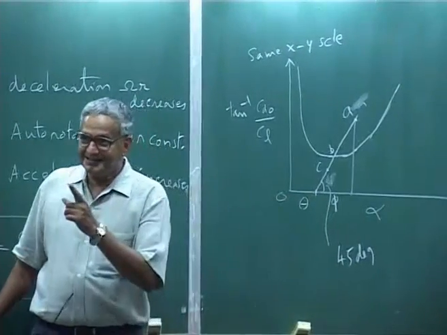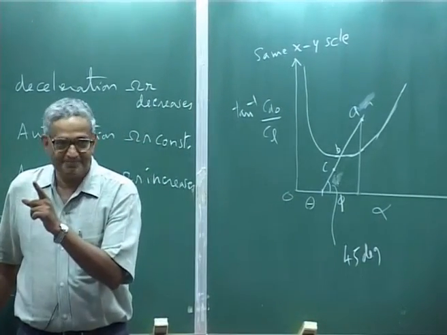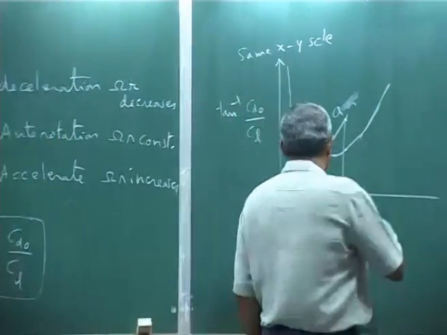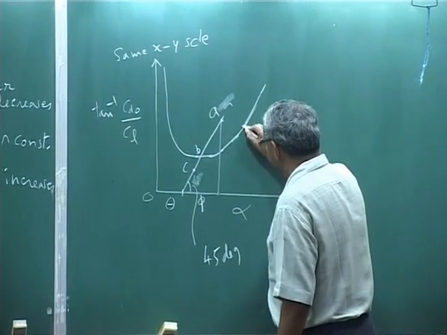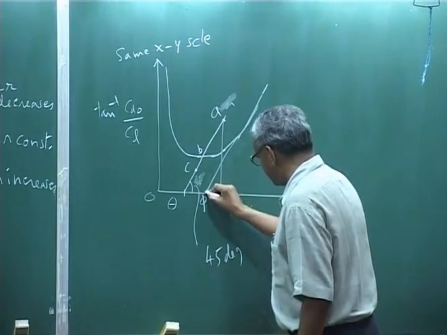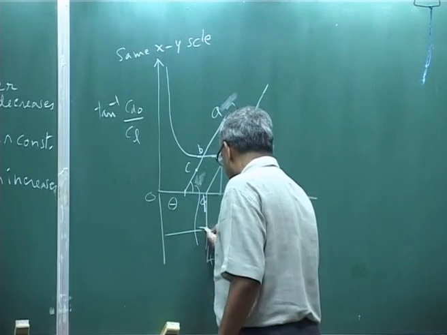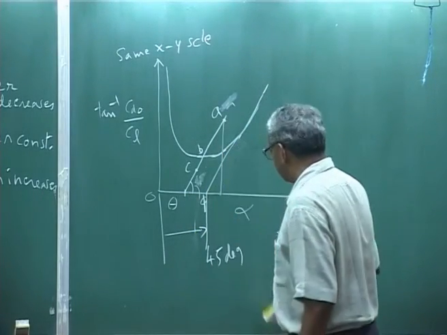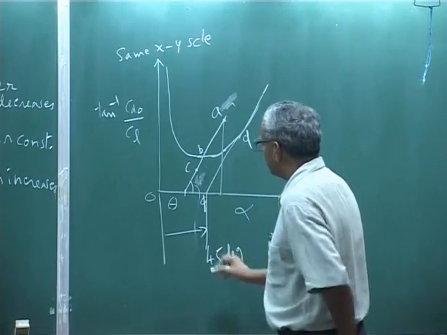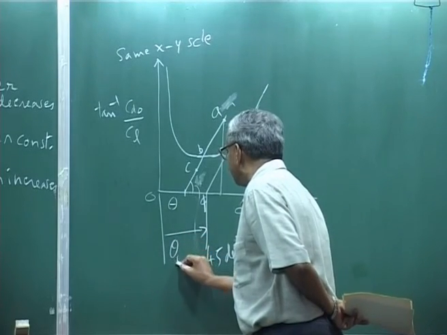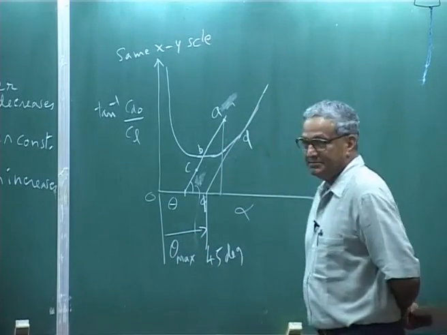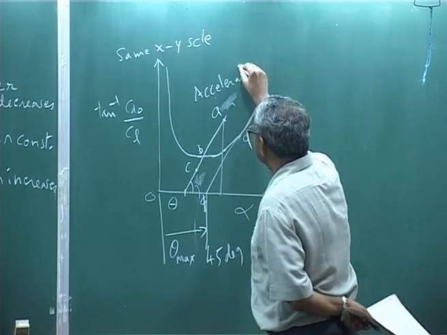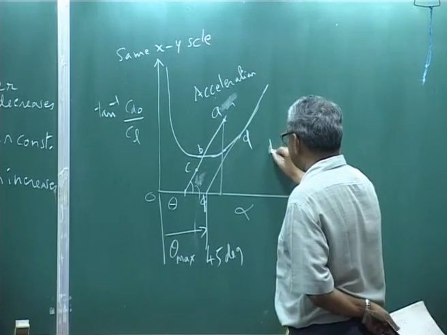But what is the maximum pitch angle you can give? Please understand. Suppose I draw a tangent to this line at 45 degrees. This is the point D, this is theta max. Any point here is acceleration, this is deceleration.